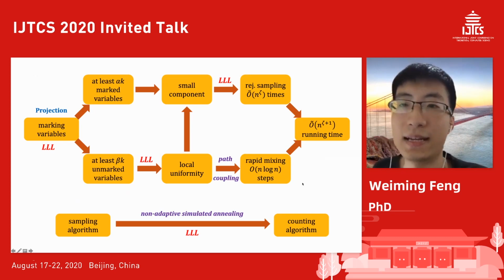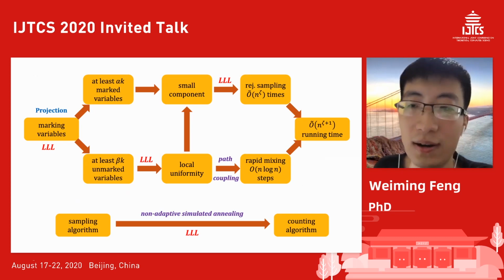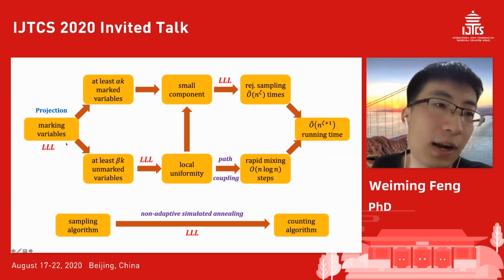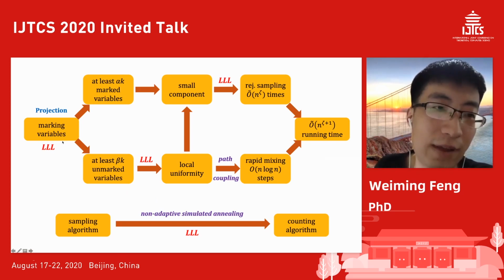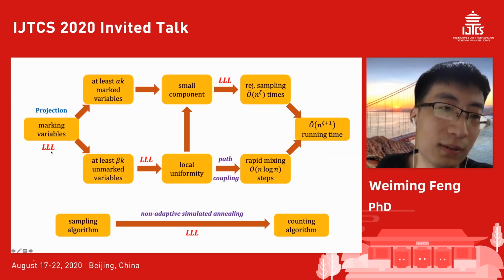Now, finally, let us conclude our sampling and counting algorithms. The sampling algorithm first marks variables, and we use the Lovász local lemma to do the marking procedure. Each clause should contain at least beta k unmarked variables. Then, by the Lovász local lemma, we can prove the local uniformity property.